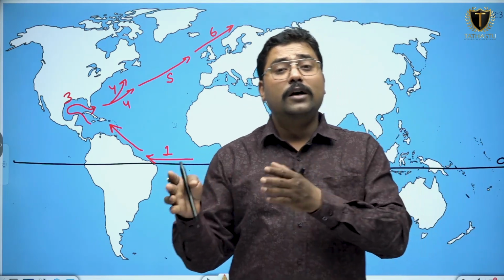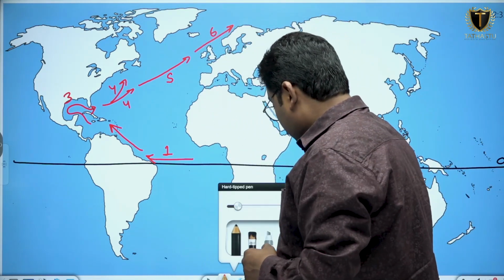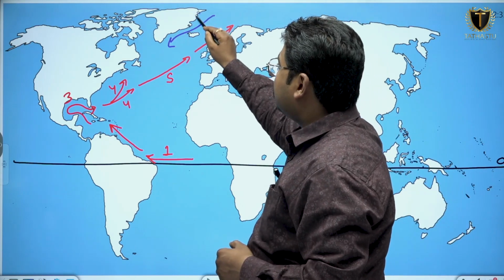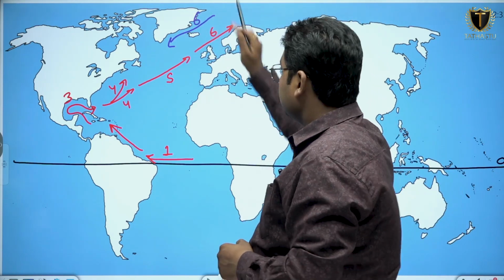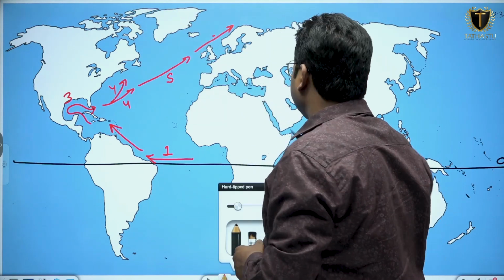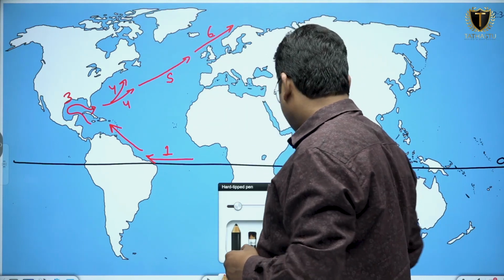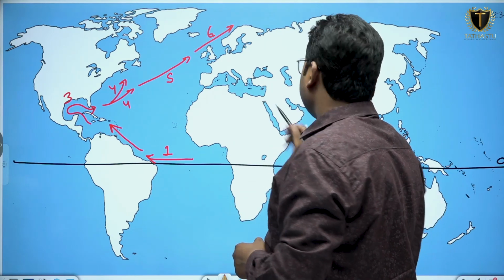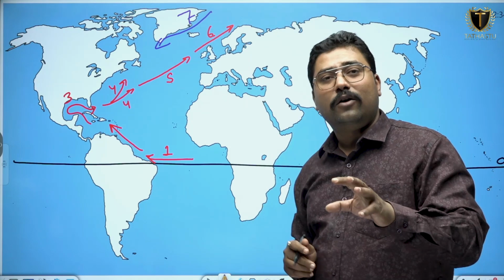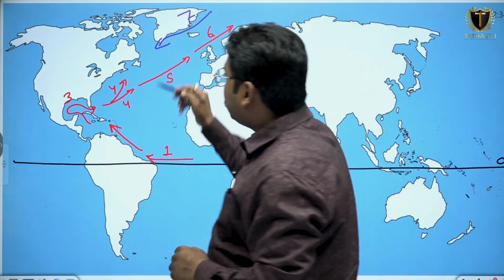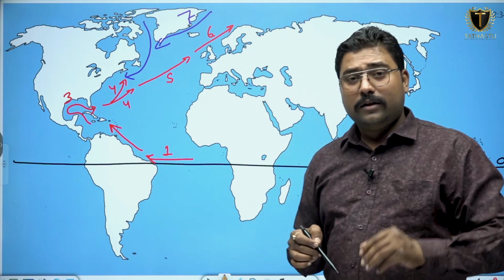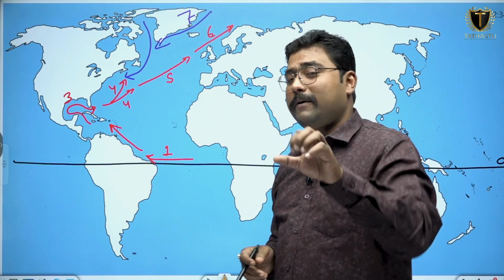Now moving on to the northern part, another current comes down from the eastern coast of Greenland as the East Greenland current or Irminger current. Number 7, East Greenland or Irminger current, and from the western part through Labrador Sea, the West Greenland current or the Labrador current.